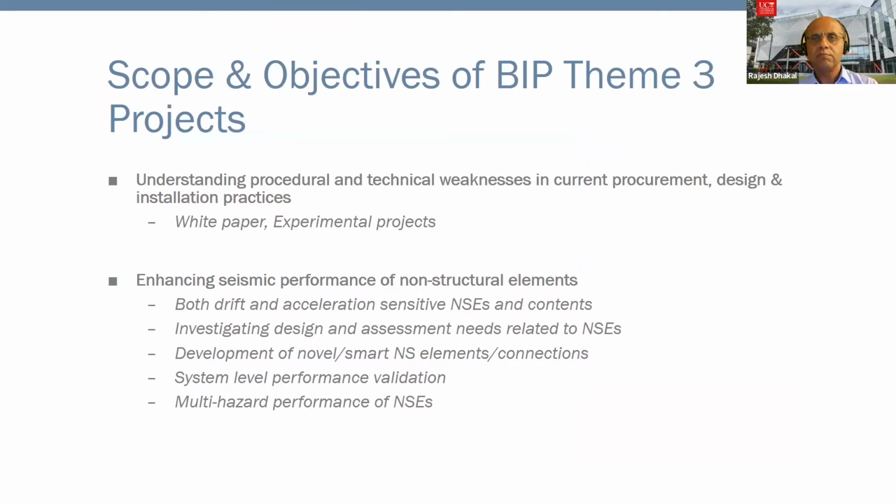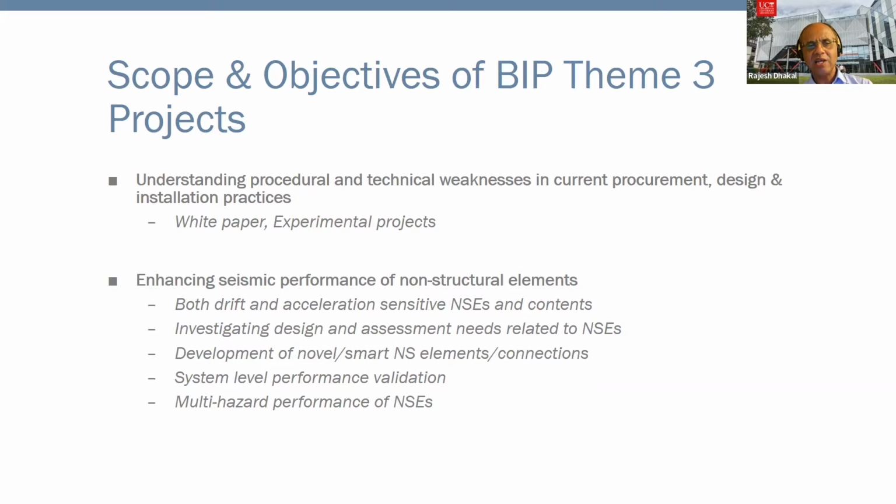So as part of BIP Theme 3, we decided to focus on non-structural elements and take the learnings from our previous projects further and come up with some solutions to address some of the key problems. At the moment, the focus is on two aspects.